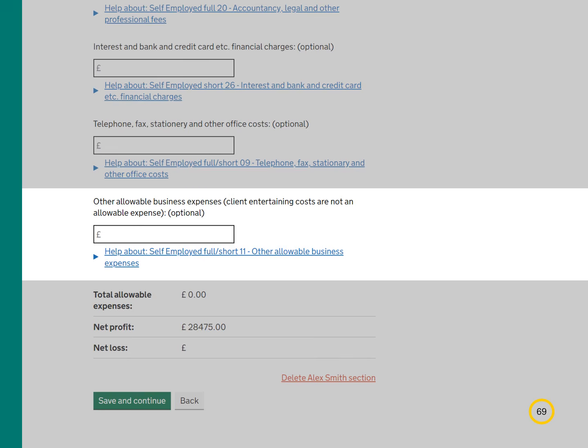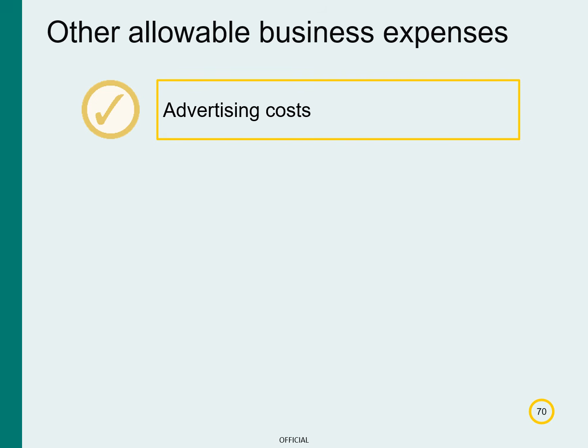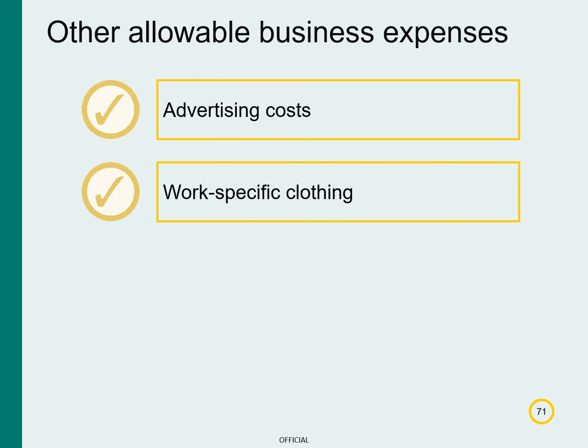As it suggests, this is where you'll record any other expenses you might have. So what might you include here? Well, one of the most common is advertising costs. It could include clothing, not everyday clothing, but protective or work specific.